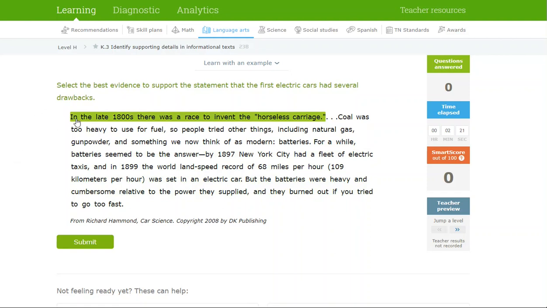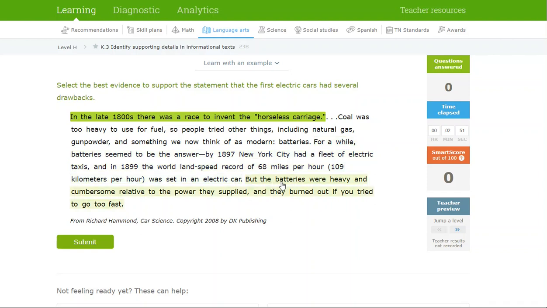It says, in the late 1800s, there was a race to invent the horseless carriage. Coal was too heavy to use for fuel, so people tried other things, including natural gas, gunpowder, and something we now think of as modern, batteries. For a while, batteries seemed to be the answer. By 1897, New York City had a fleet of electric taxis, and in 1899, the world land speed record of 68 miles per hour, 109 kilometers per hour, was set in an electric car.